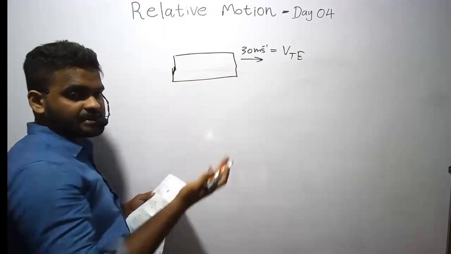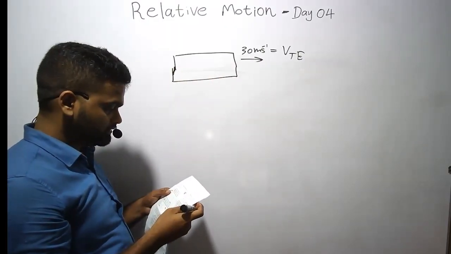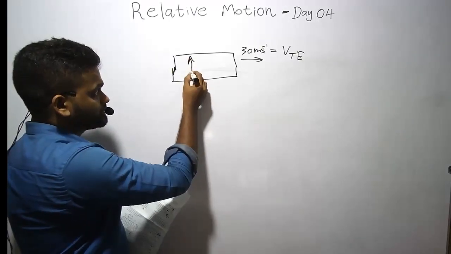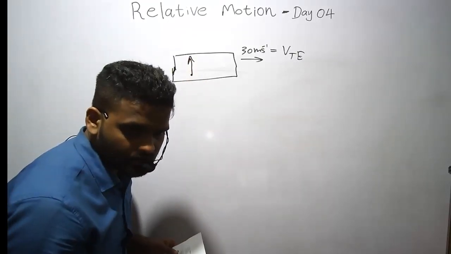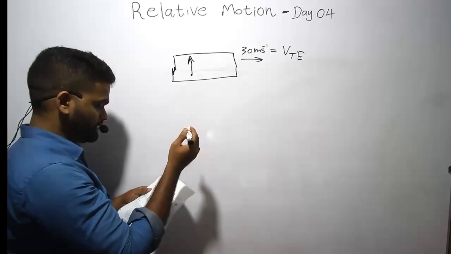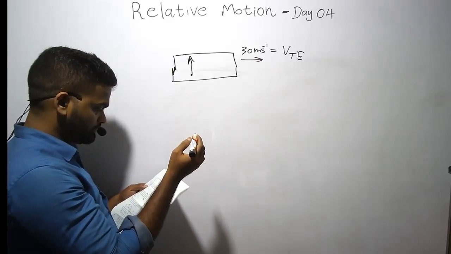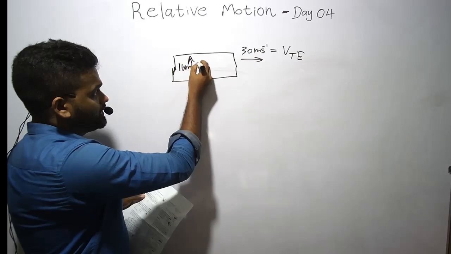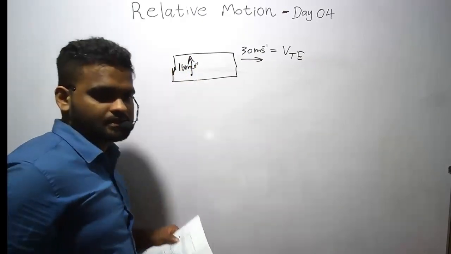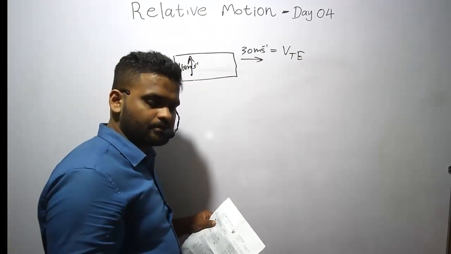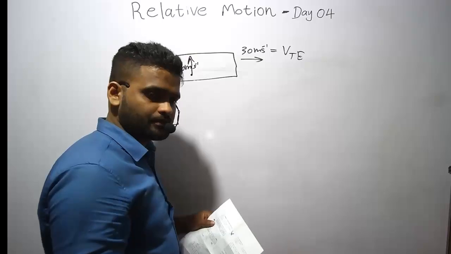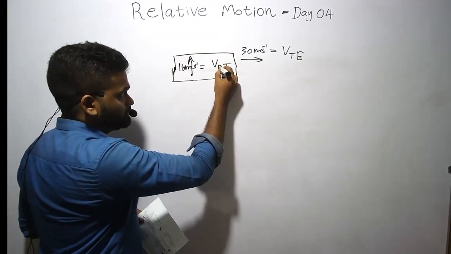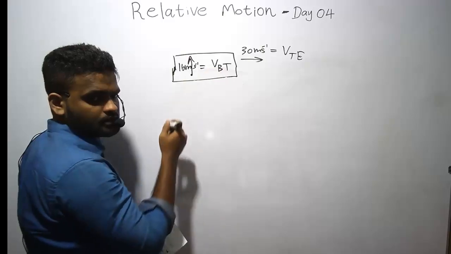Someone inside the train throws a ball in this direction. Okay, let's see. Throws the ball at 60 meters per second. What is this 60 meters per second? Inside the train, meaning relative to the train. The ball.